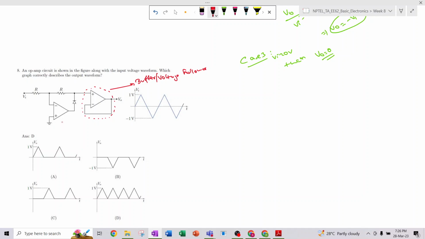So now we need to analyze this circuit. Similar analysis: Vi small positive. Now Vi is applied to the negative terminal, right? So the output, let us consider it as Vx, then Vx is large negative, that means this diode will be off.